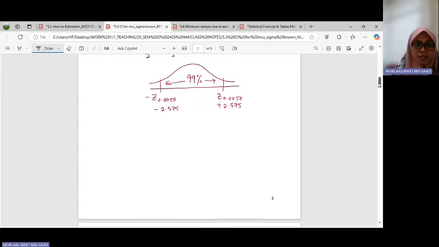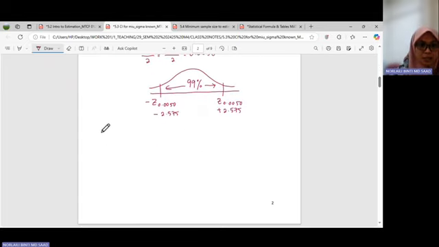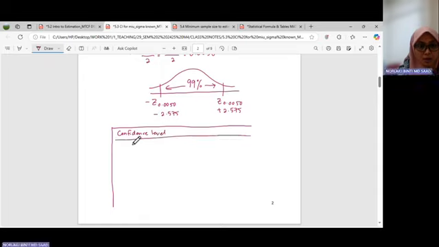Hopefully you can set up a table. This is my suggestion for your exercise: you can prepare a table. Here, this is your confidence level. You may start from maybe 90%, and then maybe 92%, then maybe 94%, 95%, or 96%, it depends.